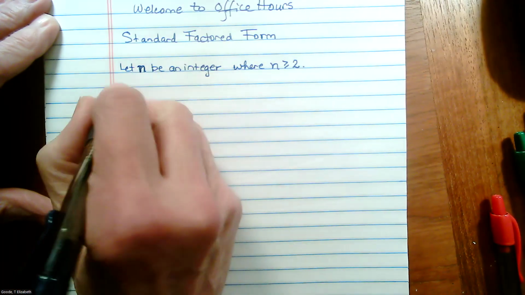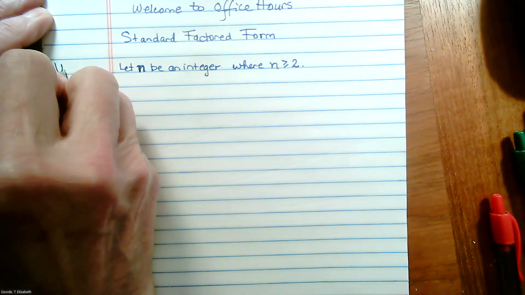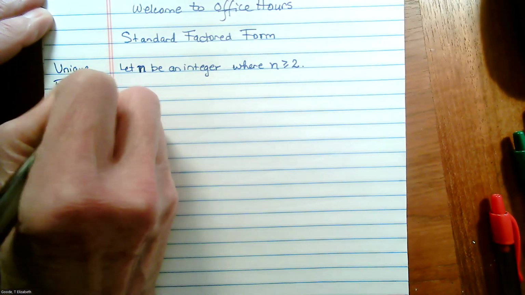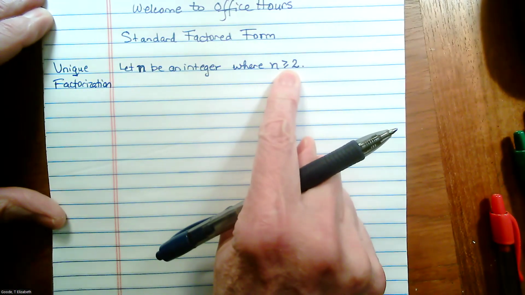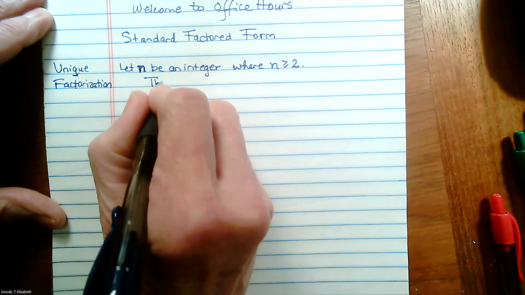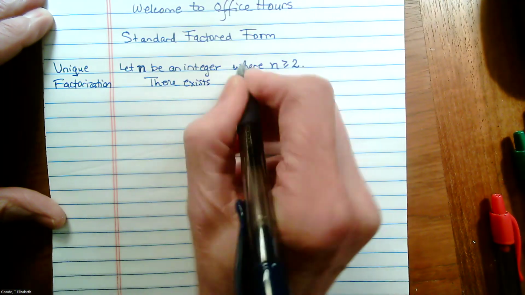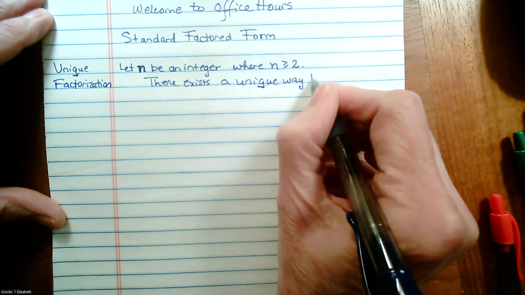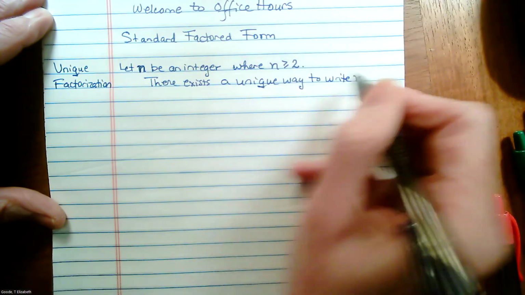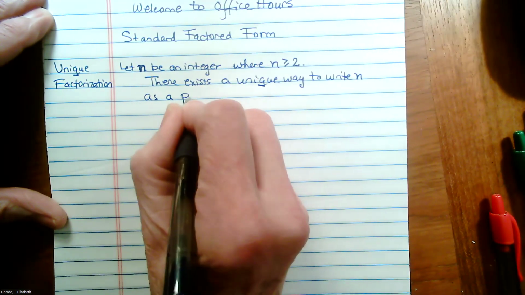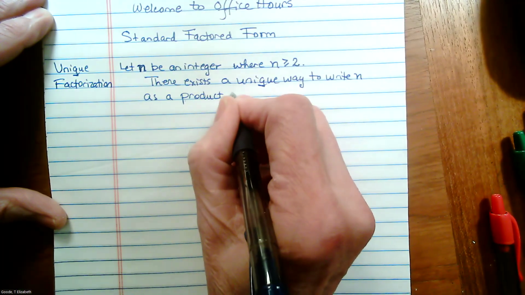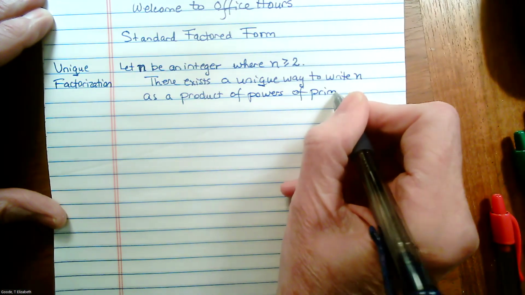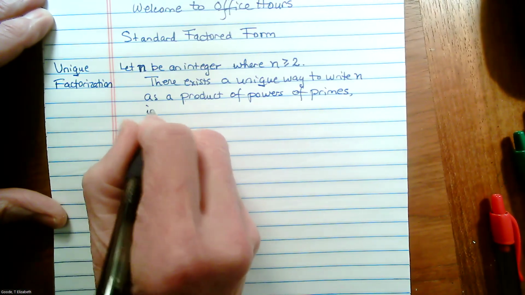So what the unique factorization theorem tells us is, if we're looking at one of these integers that's big enough, there exists a unique way, meaning there's only one way to do this, to write n as a product of powers of primes in order by size.